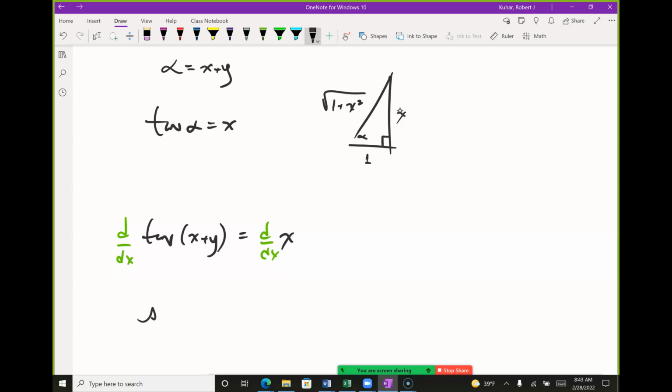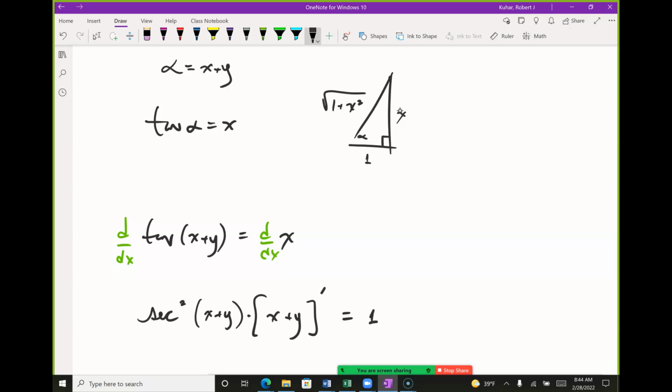Secant squared, yes, good. You were right, Markins. Derivative of tangent is secant squared. Keep the cat in the box, and then multiply by what? The derivative of the inside, so x plus y prime. I'm going to just leave that for a minute, and then take the derivative of my right-hand side, which is?